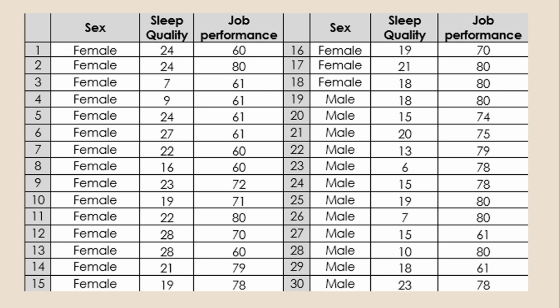So that's why his job performance exceeded the expectation. That's why he has an 80 score. Unlike our female respondent, her job performance is only 60. That's why our male respondents have higher job performance than our female respondents because of their sleep quality.